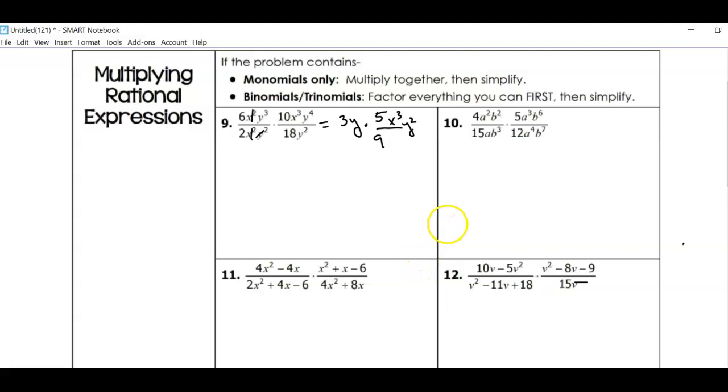So now before I multiply across again, I can cancel out a 3 here and make this a 3. So it's cross canceling. And now I'm just going to go ahead and put my stuff together. So now I have 5. And then I have x cubed, y squared, or y to the third, over a 3, which I had left. And that will be my final answer.